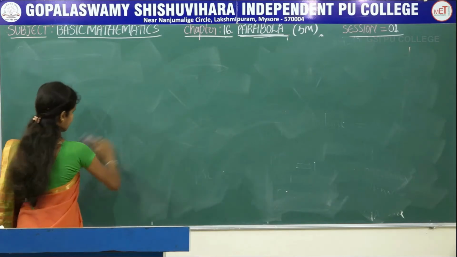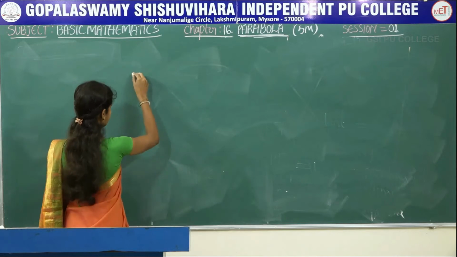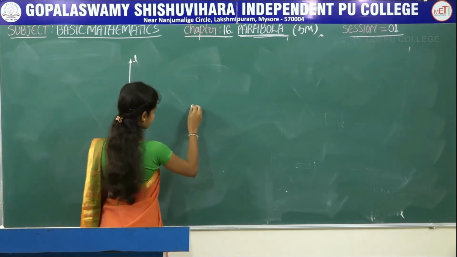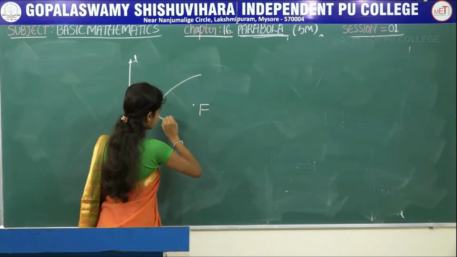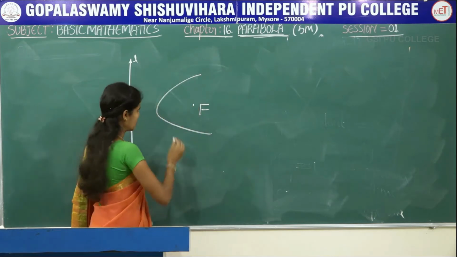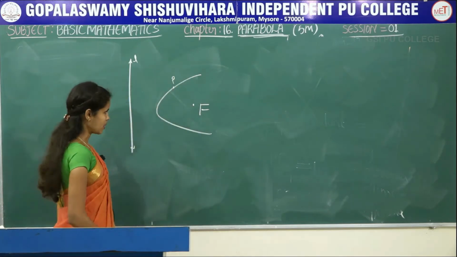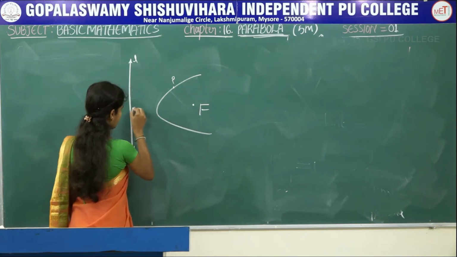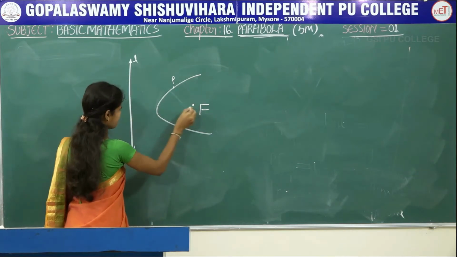Before that, just consider the fixed line L, and F is the fixed point. Consider the parabola and an arbitrary point P on the parabola. Next, draw a perpendicular to the fixed line from the fixed point.